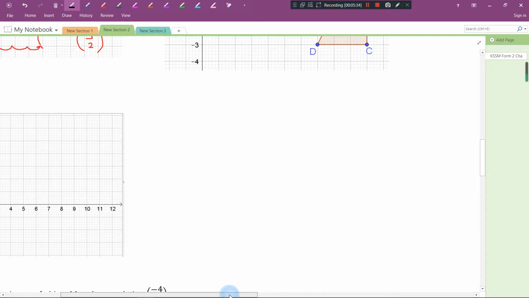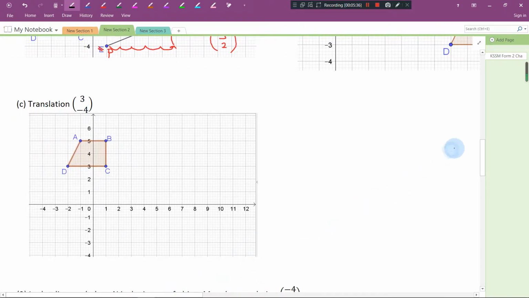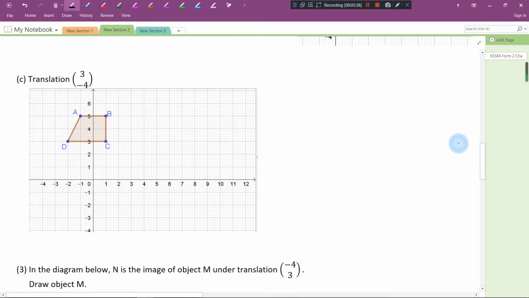I have one more over here: (3, -4). A lot of the time you will see people describe a translation using that way, the most common way. 3 means 3 units to your right, and -4 means 4 units downward.